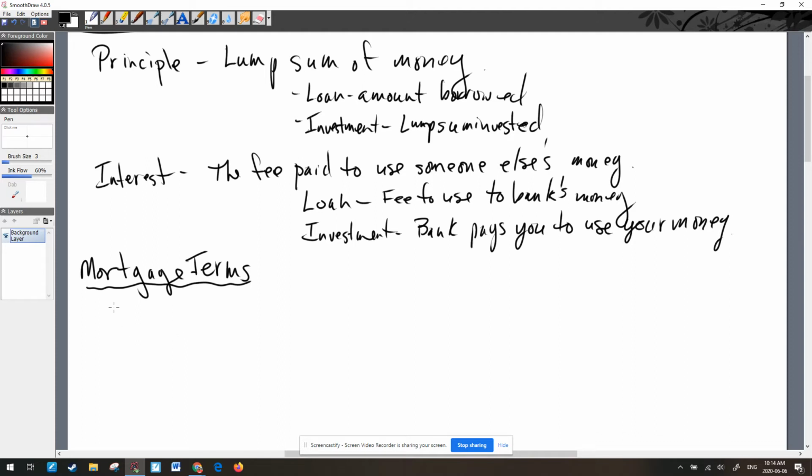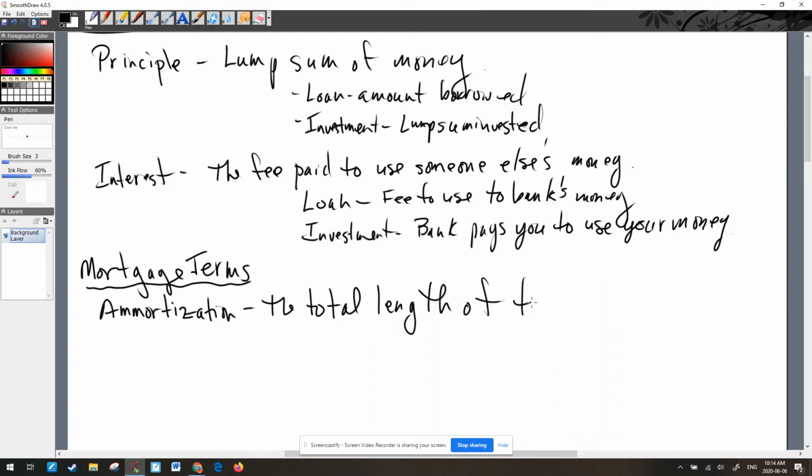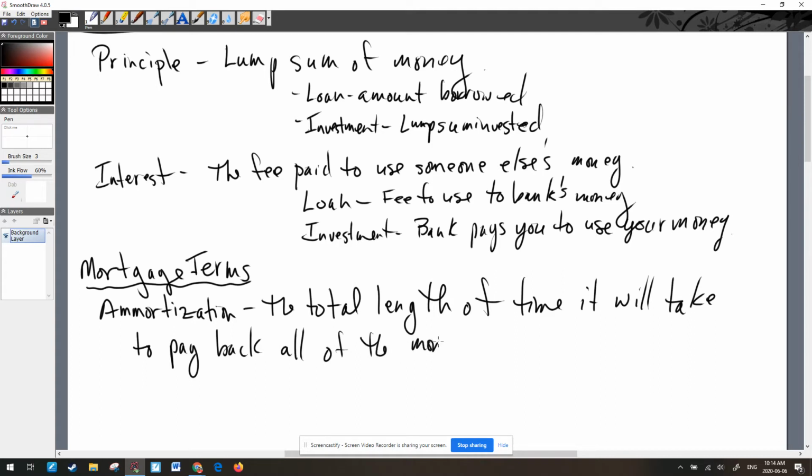So we're going to talk about the stuff that you need to know about when you're talking about mortgages. One of the big ones that we need to know about is amortization. And I've talked about it before, but I never wrote down a definition. So amortization is the total length of time it will take to pay back all of the money borrowed.